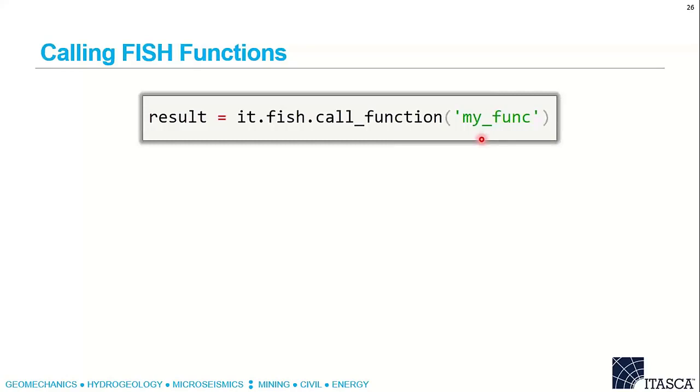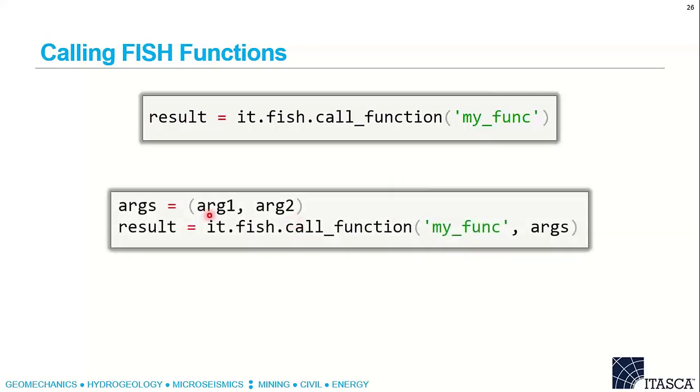It's also possible to pass arguments to this function by declaring the arguments as a tuple of whatever argument values you want, be it objects, strings, custom data types, and then passing the arguments as a secondary parameter to the call function method.